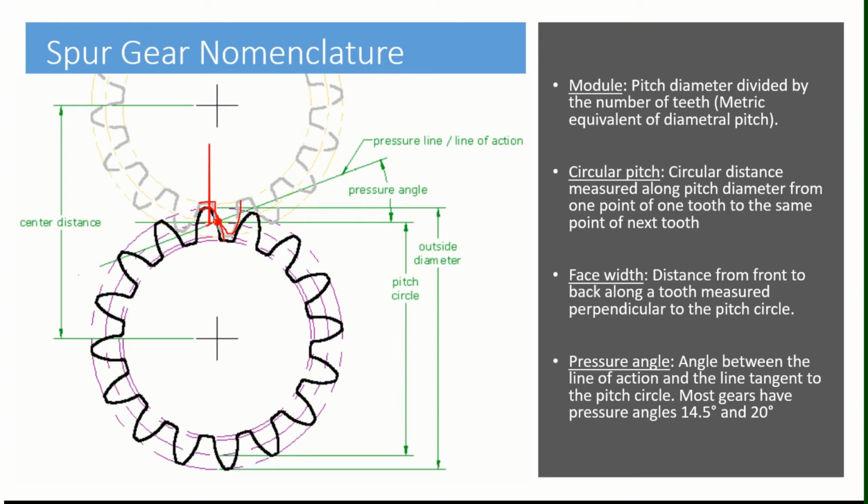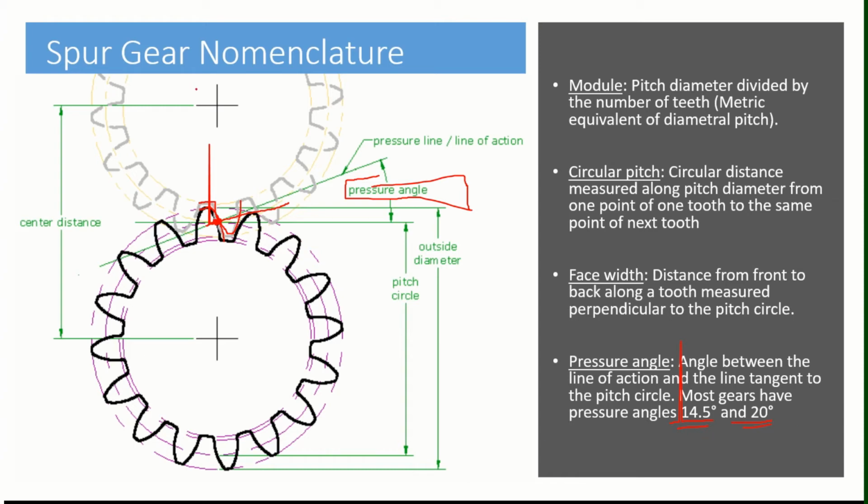So this is the line which is making a normal to the point of contact on the two teeth, and then the pressure angle is the term that defines how much pressure has been created by the first gear's tooth onto the next gear's tooth. The gears are manufactured with the standard pressure angles, either 14.5 or 20 degrees.